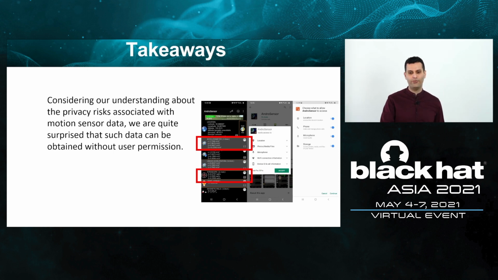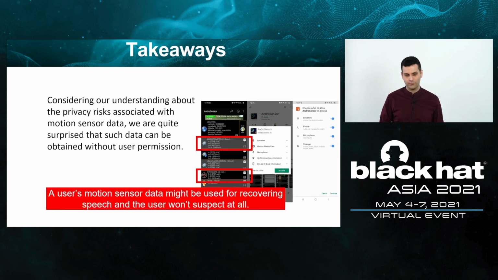You can see how data from the accelerometer and gyroscope is presented by this application. However, no permission is granted to sample motion sensor data by this application at all. Basically, it means that a user's motion sensor data might be used for recovering speech, and the user won't suspect at all.